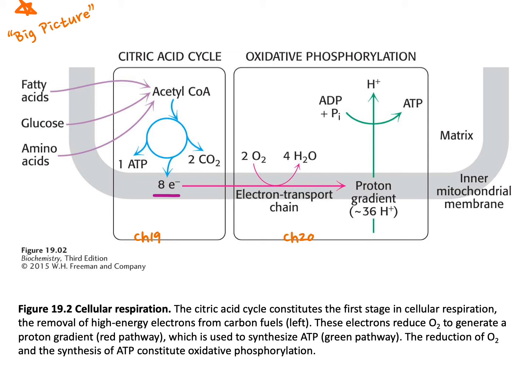In Chapter 20, we're going to learn how these electrons transfer through the electron transport chain, reduce oxygen, and produce the proton gradients, which generate ATP. The 2 pathways occur in the inner mitochondrial membrane, and they are part of cellular respiration.